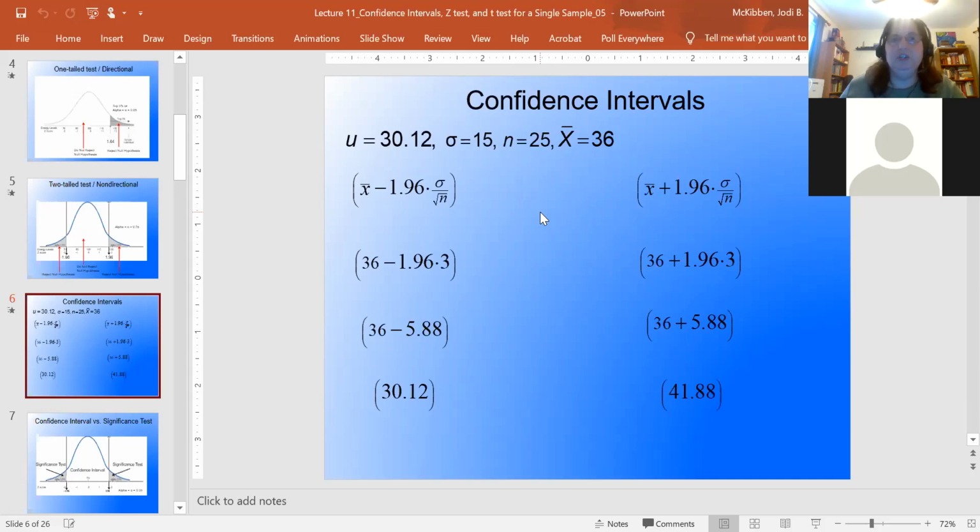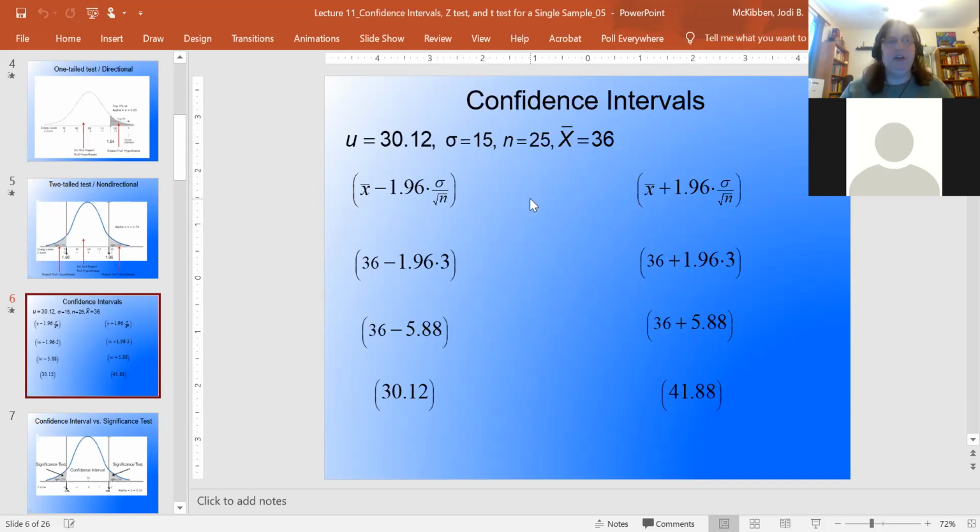If it's 5%, then it's 2.5% in each tail. This goes back to that number from the Z table, 1.96. Had it been a 99% confidence interval, that would mean 0.5% in each tail, which means 2.58. Okay. All right. So really, those are the two numbers it's ever going to be if it's 95% versus 99%.